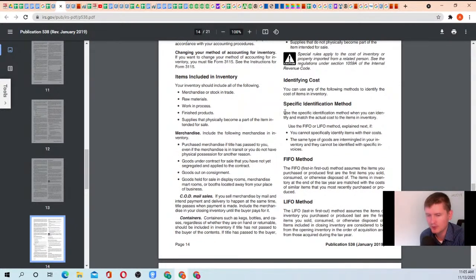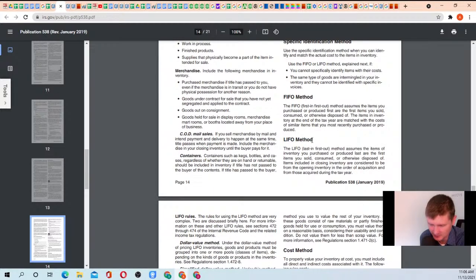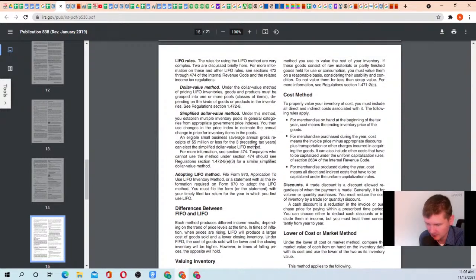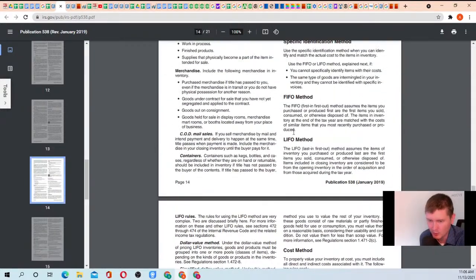The IRS offers that if you know for what price you bought what exact inventory piece, you can use that. Or they also offer the FIFO method and the LIFO method. So basically it is more or less in line with other guidance. Okay, let's move on.